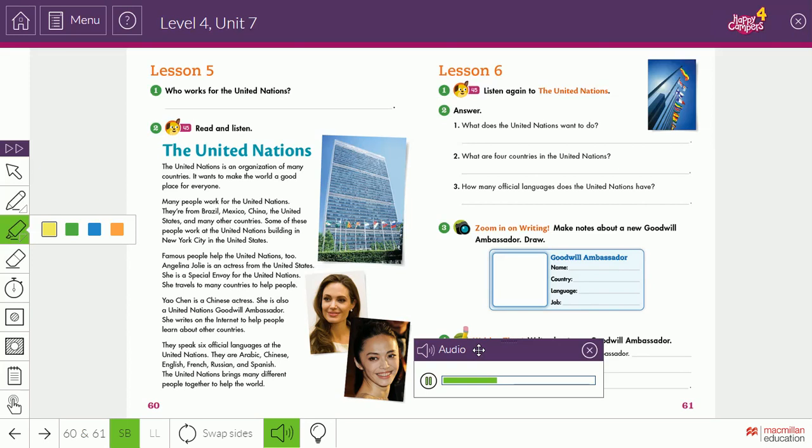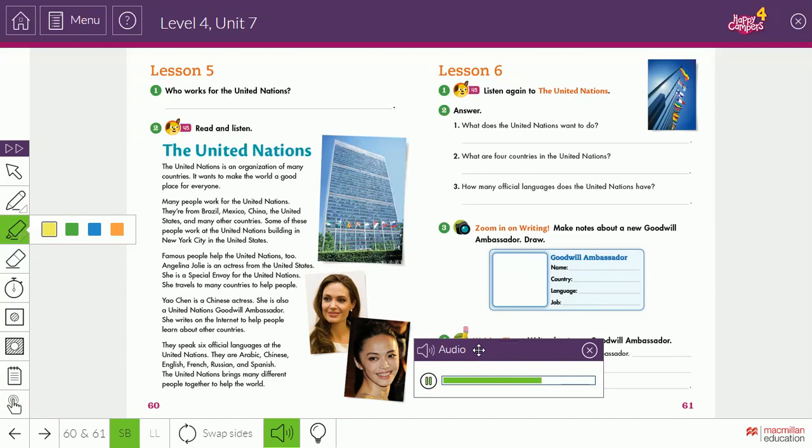Some of these people work at the United Nations building in New York City, in the United States. Famous people help the United Nations too. Angelina Jolie is an actress from the United States. She is a special envoy for the United Nations. She travels to many countries to help people.